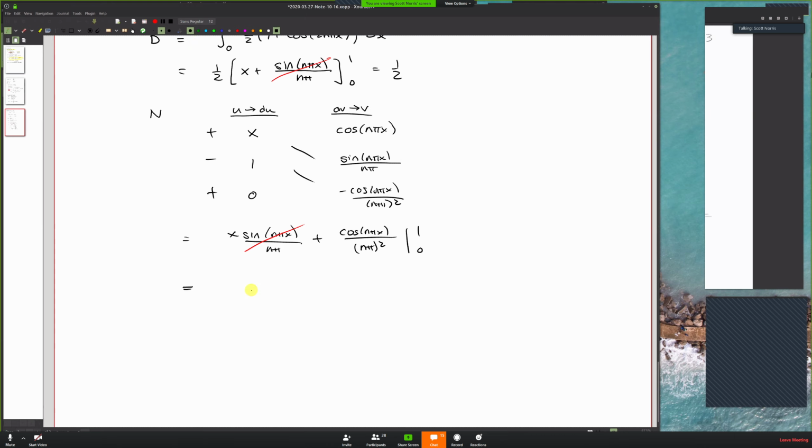Which gives me cosine n pi minus 1 over n pi quantity squared. So x sub n is numerator divided by denominator. I get 2 cosine n pi minus 2 over n pi quantity squared.